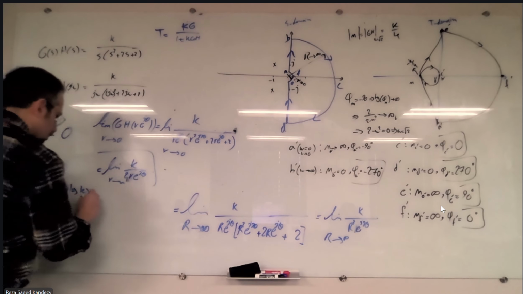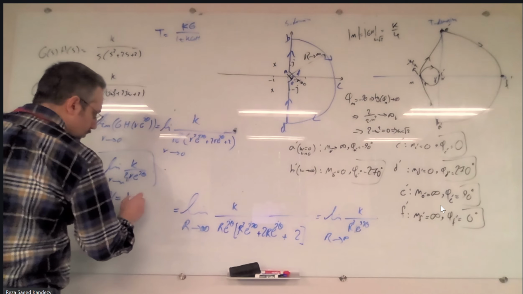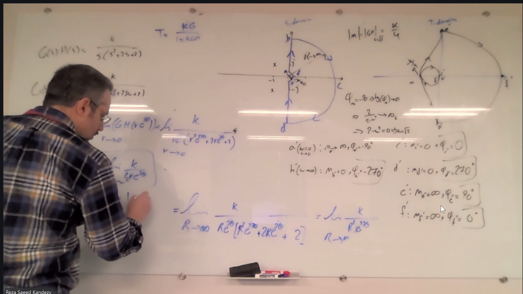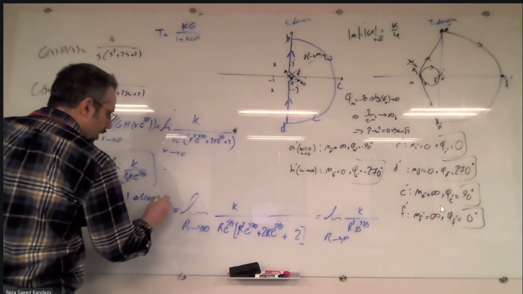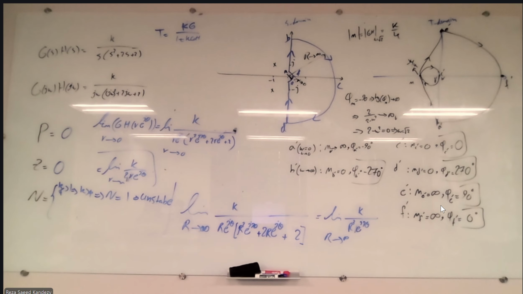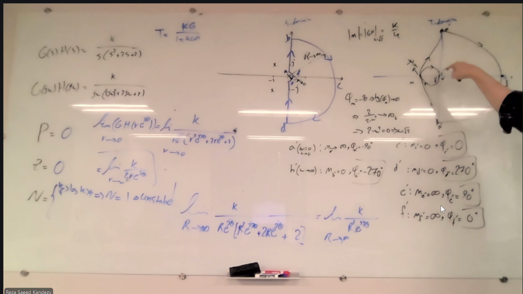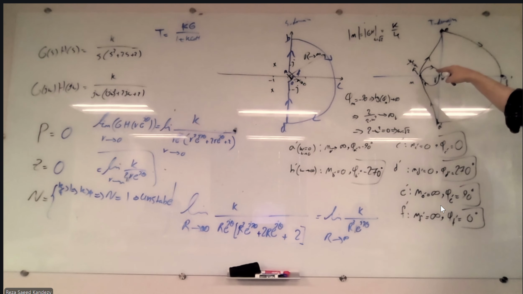So then N becomes 1 and the system is unstable. Are we good? How is N equal to 1? If K over 4 is bigger than 1, that means minus 1 would happen inside this encirclement, right? Are we good?